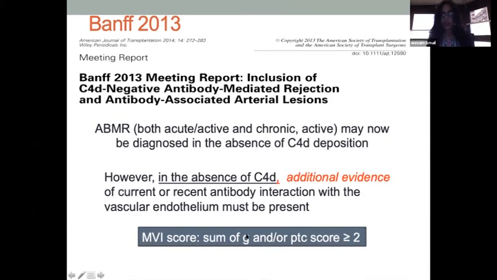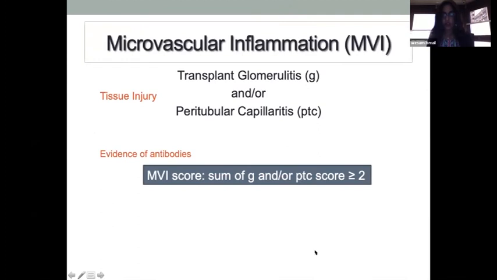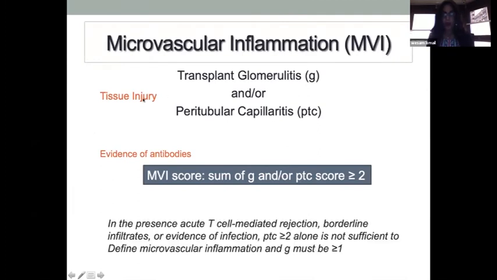This threshold is a G and a PT score of more than 2. So as I mentioned, the MVI on its own is used as evidence of antibody-mediated rejection. However, a high MVI score is also used as evidence of the presence of antibodies.